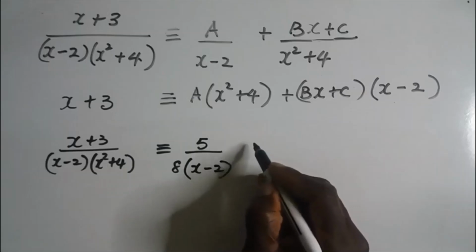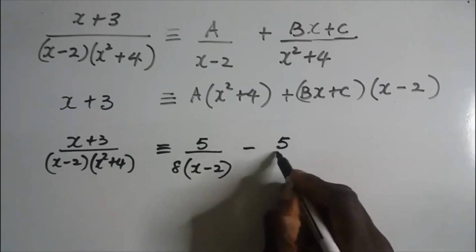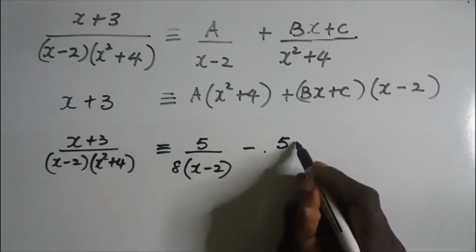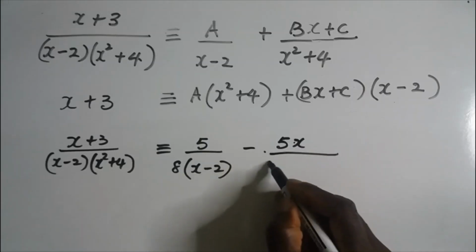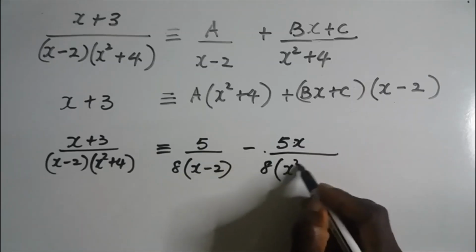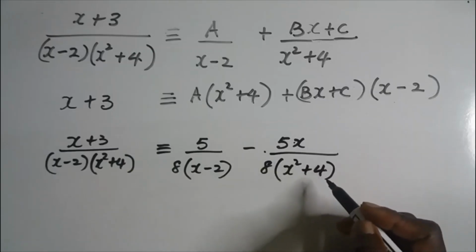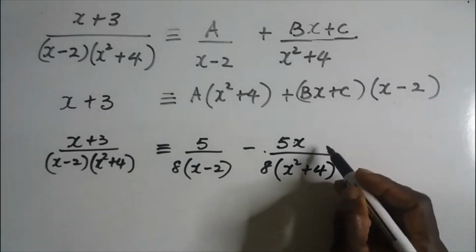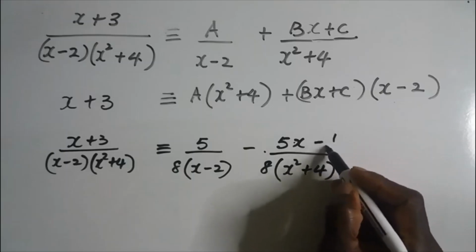Add b, but we know b is negative 5 over 8, so this becomes minus 5x over 8 into x squared add 4. And c we know is minus a quarter, so it becomes minus 1 over 4.